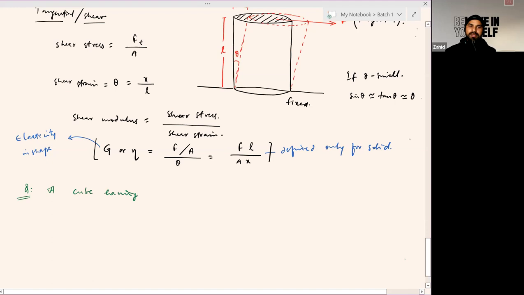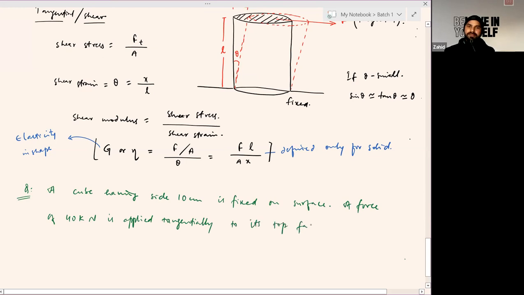A cube having side 10 centimeter is fixed on a surface. A force of 40 kilonewton is applied tangentially to its top face.